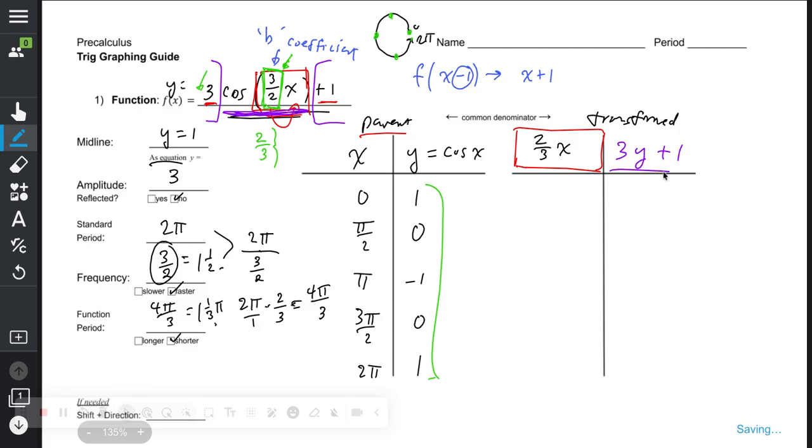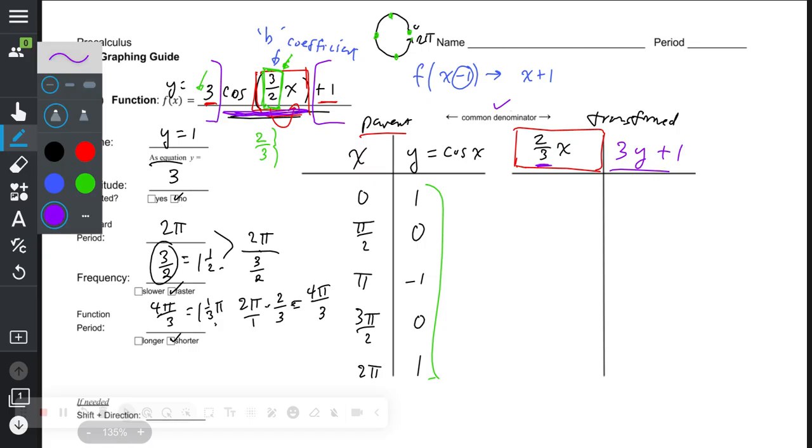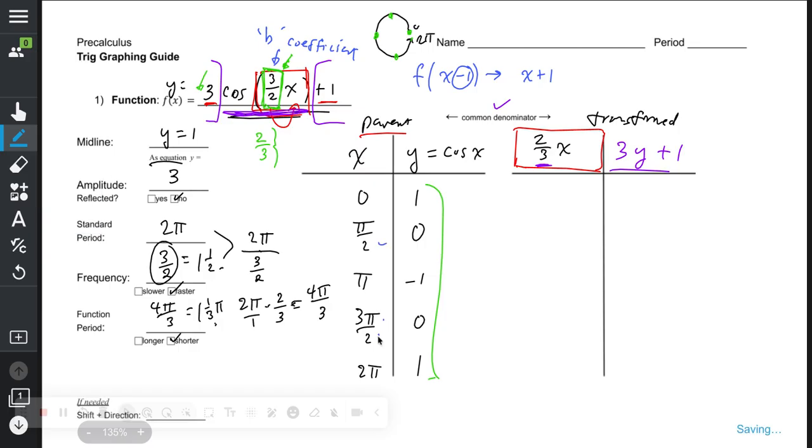Okay, so these are the instructions for what to do with each of these 5 x's and each of these 5 y's. Okay, I have a little reminder here about common denominators, which means now you're going to have to multiply 2/3 times each of these fractions. What a pain. But it's going to be less painful if we're using a common denominator. The denominator over here, well, it looks like we have 2's.